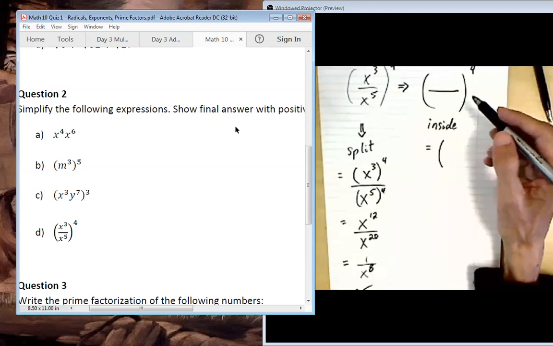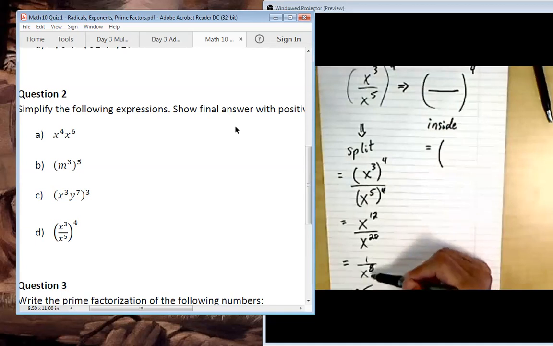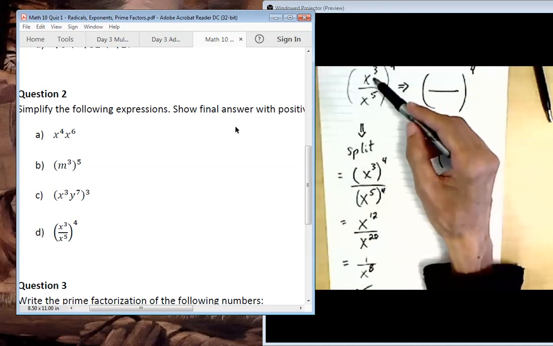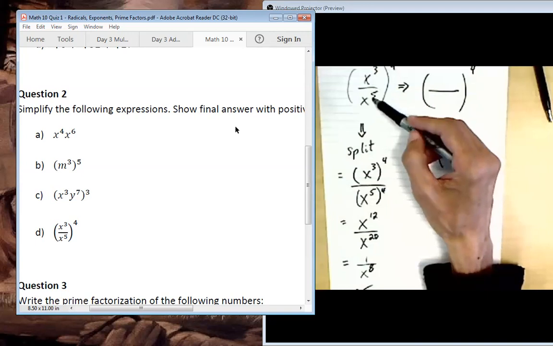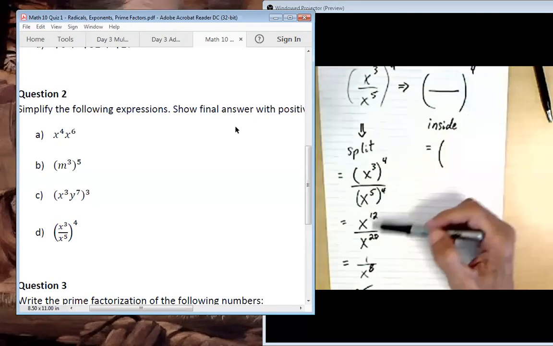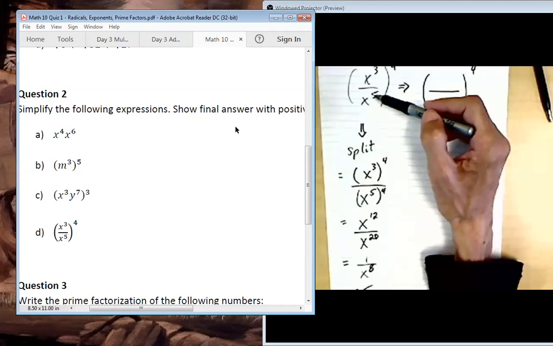So just like down here, we did 20 minus 12 and we put it in the right spot. We can do that in the very beginning. We can subtract here, right? We can divide, subtracting the exponents. We can divide the terms with one another. So here we did 20 minus 12. Here, what are we going to do? 5 minus 3, right? So what do you get?